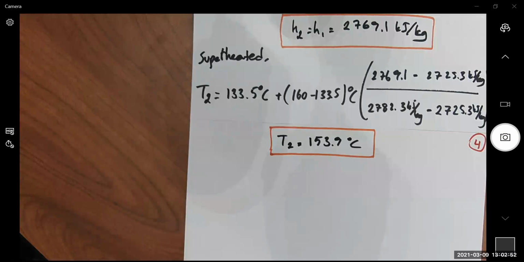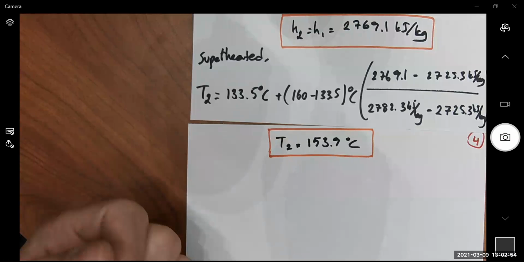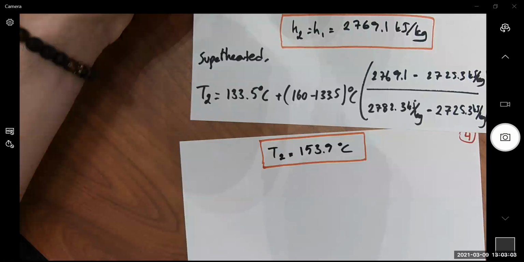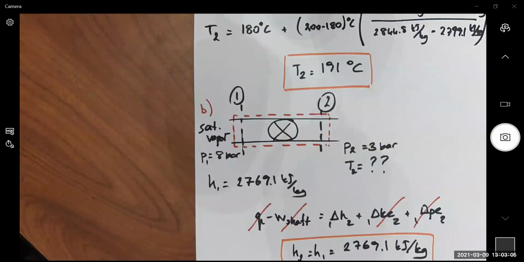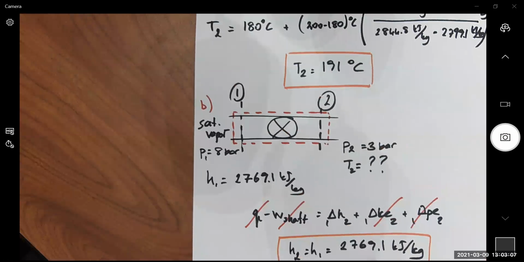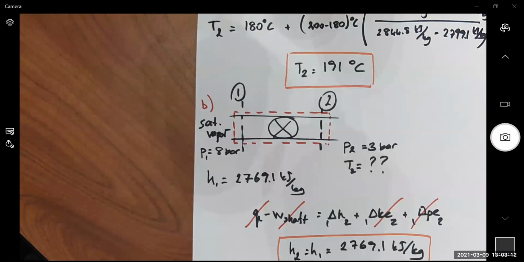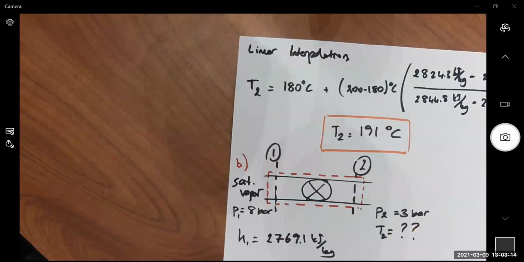Any questions on this? Yes. How do we assume that it's been superheated? I didn't assume, I checked on the table. I know my enthalpy at the inlet because I know the condition at the inlet.